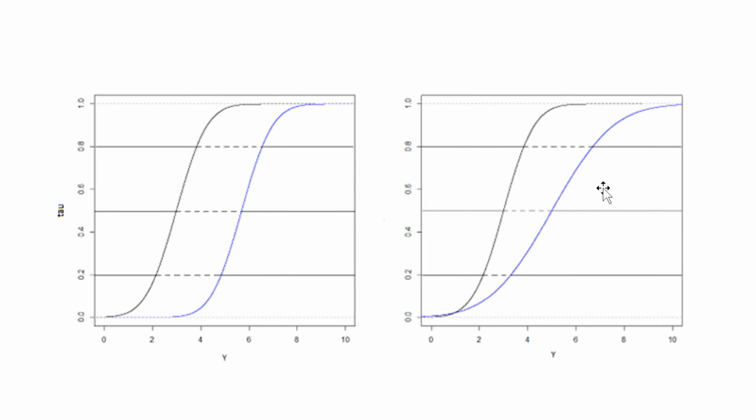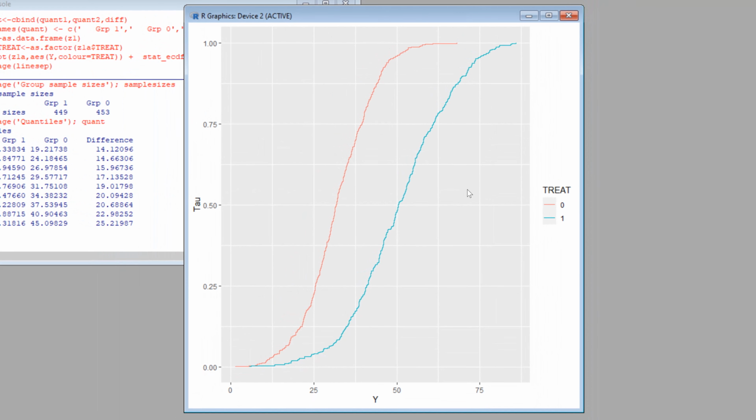That's indicative of a case where the treatment is having a much larger effect at the upper end of the distribution than in the middle, than at the bottom of the distribution. So what we want to do is see if our plot looks more like this or more like this. So here's the plot that we observed, with the control group in orange and the treatment group in green.